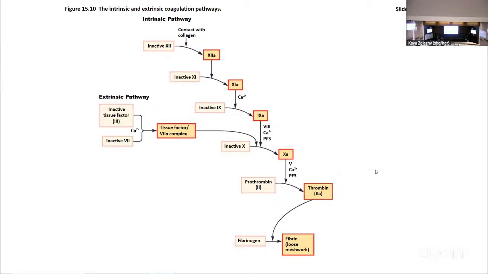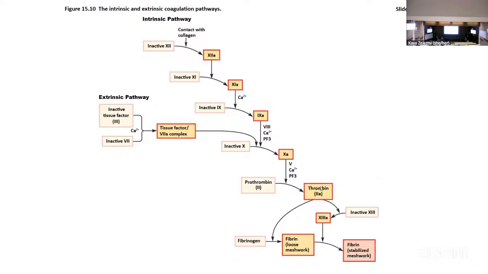First a little loose, but then we have this indirect action of thrombin as well, where we've got another little domino step. Thrombin had to activate factor 13, and factor 13 stabilized that fibrin meshwork.